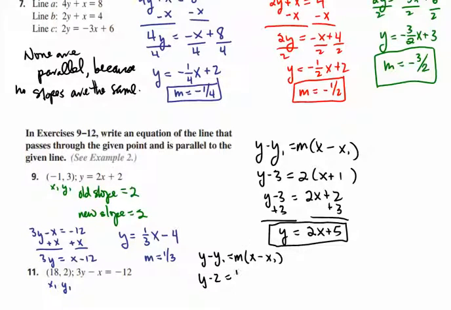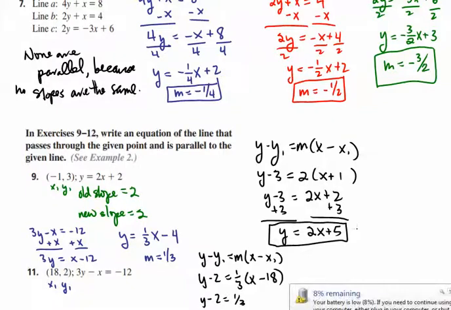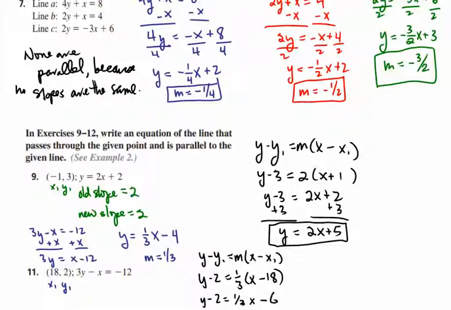My slope is 1/3, x minus 18. When I multiply out, I get y minus 2 is 1/3 x, running out of battery here, minus 6. And when I add 2 to both sides, I end up with y is equal to 1/3 x minus 4. And so that is going to do it for this video.